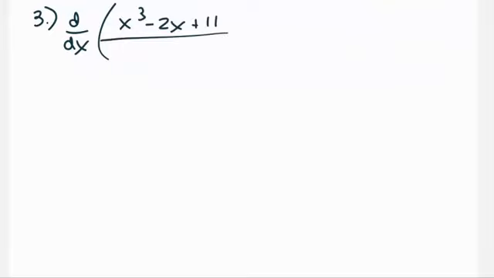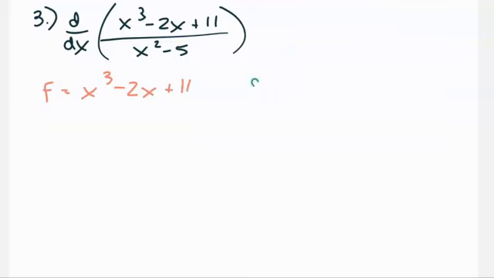All right, next problem looks like quotient rule. So I have my high and my low piece, or sometimes you can still write them as f and g and still think of it as high and low when you're trying to remind yourself which one goes first.